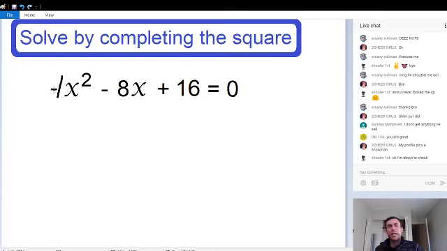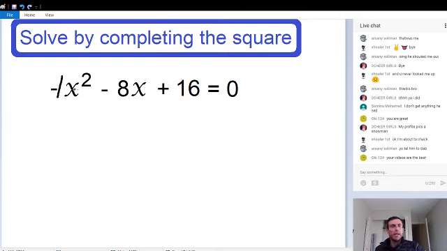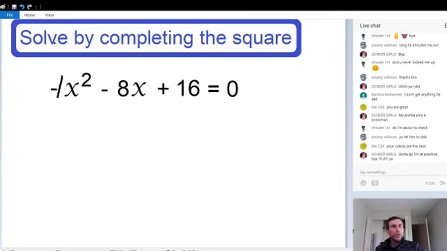You can say that there's a negative 1 x squared. That doesn't change it one bit. So in order to get rid of this negative 1 in front of our x squared, I'm going to divide the left-hand side of the equation by negative 1 and the right-hand side of the equation by negative 1.